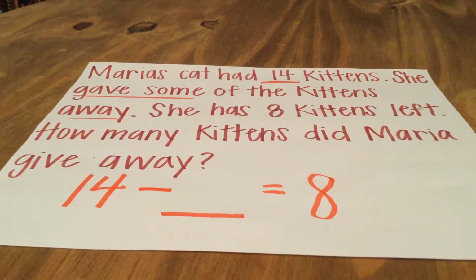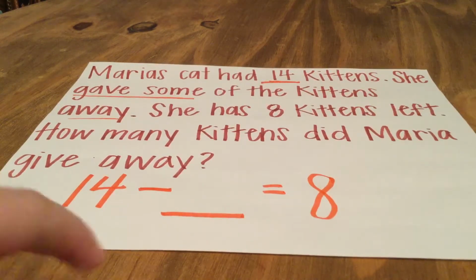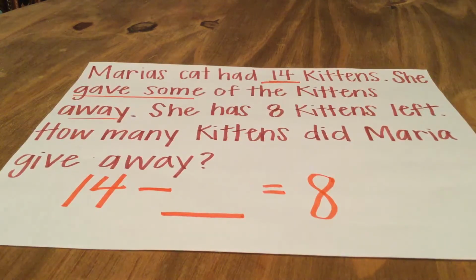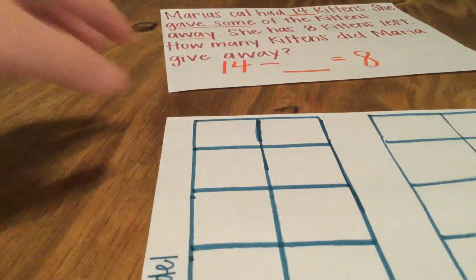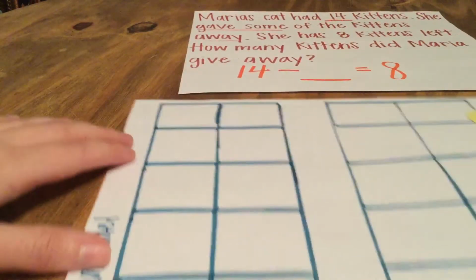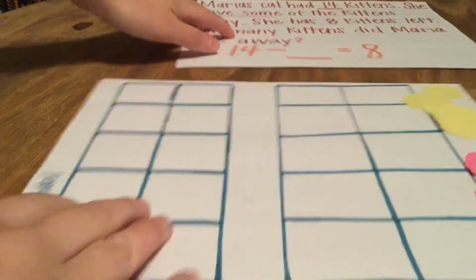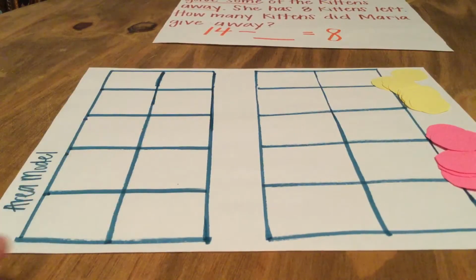Then there is a change in direction from our start amount. This is because of the kittens that are being separated because she gave some of her kittens away. So for this problem, we are going to be using an area model to show how many kittens Maria has or gave away from knowing how many she started with and how many she has left.